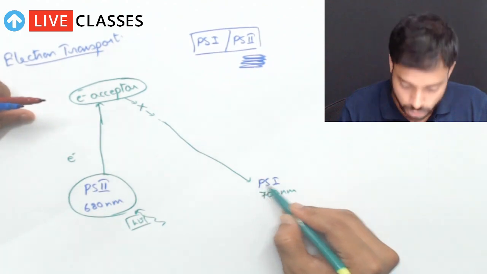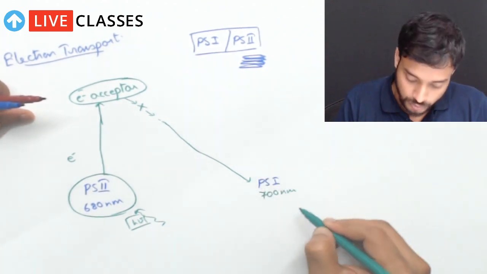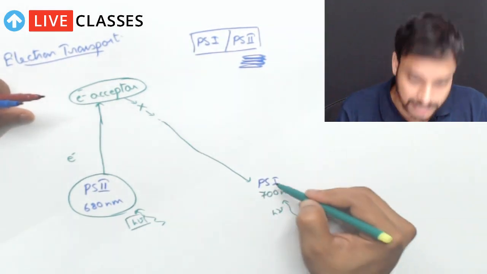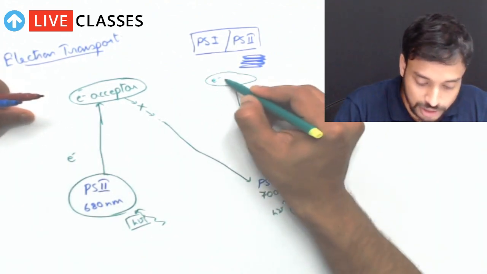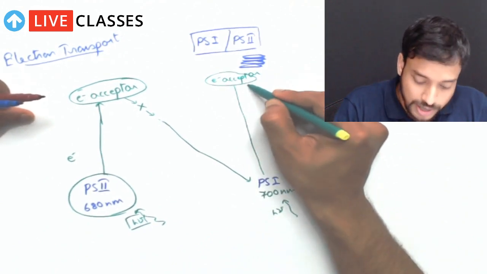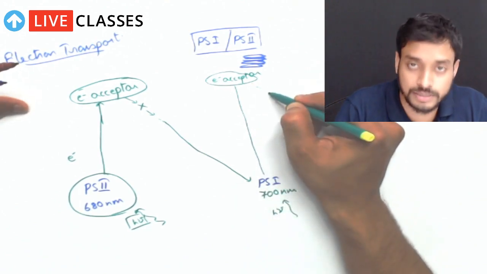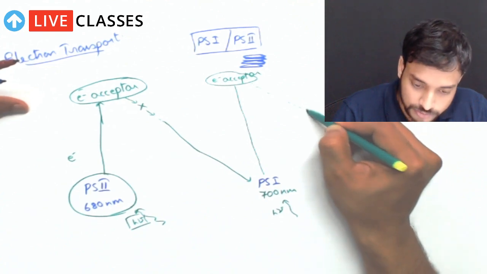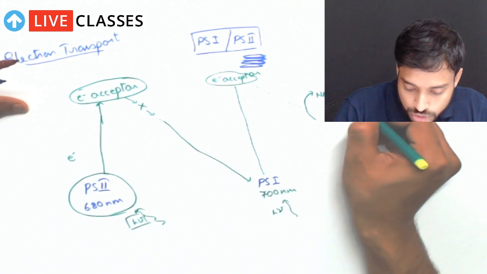In this way it is passed on to photosystem 1. Now when this electron receives sunlight of 700 nanometers, it is again excited and again received by another set of electron acceptors. Got it? Again, slowly, based on the acceptance capability of the electron acceptors, it moves on and results in the production of NADPH.